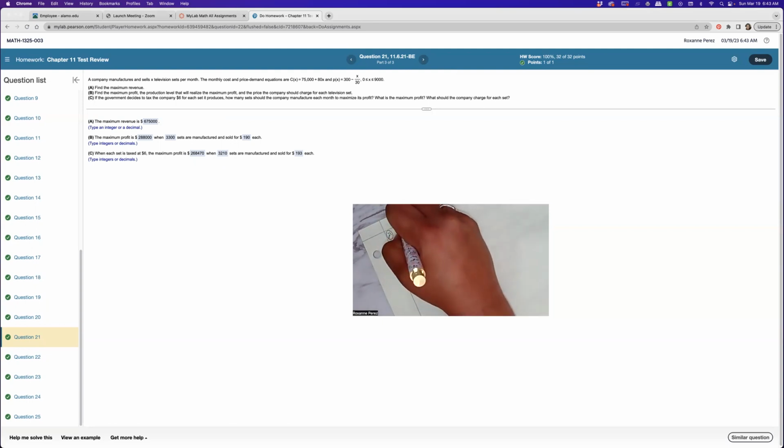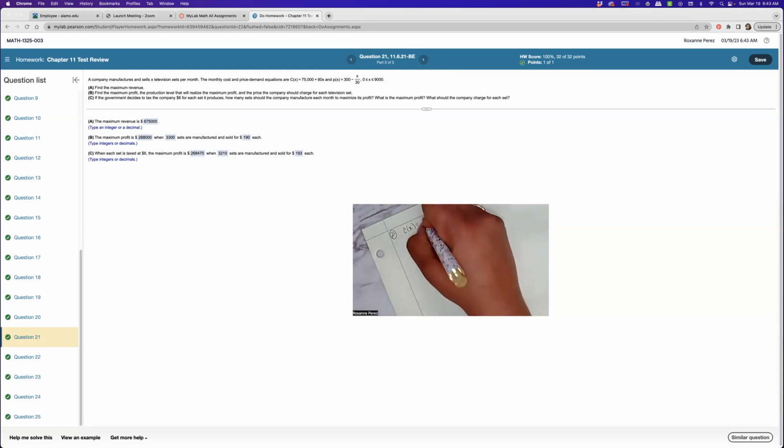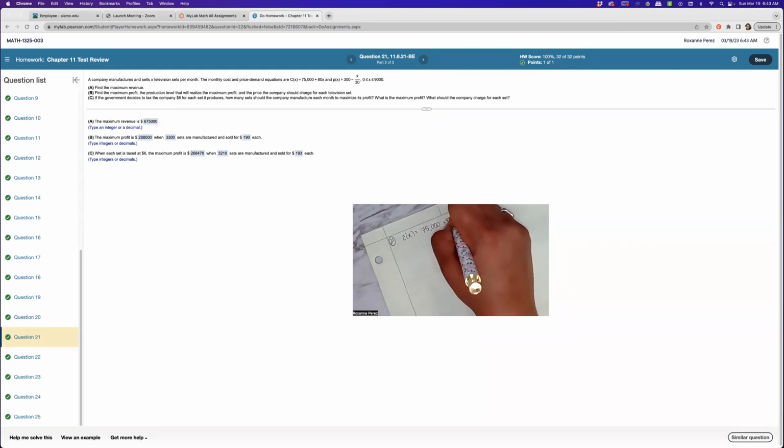Your cost function is 75,000 plus 80x, and your price is 300 minus x over 30.